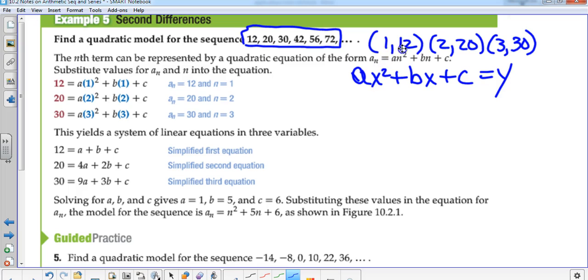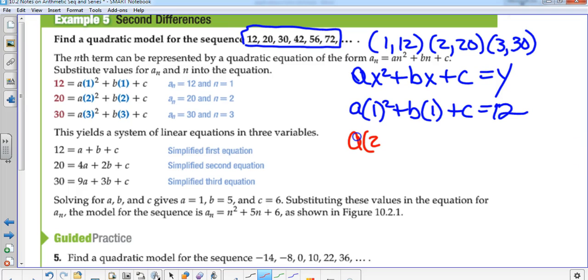Then we put these in for the x and the y. Do you remember that? So we had a times 1 squared plus b times 1 plus c equals 12. A times 2 squared plus b times 2 plus c equals 20.